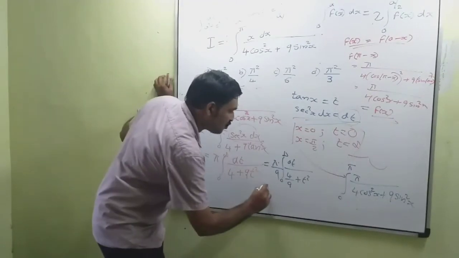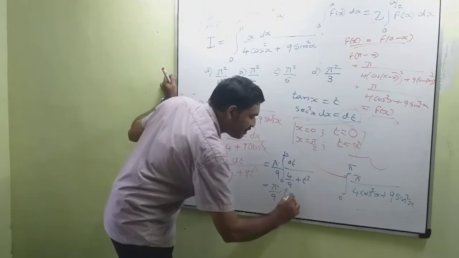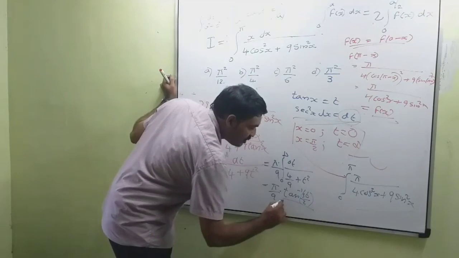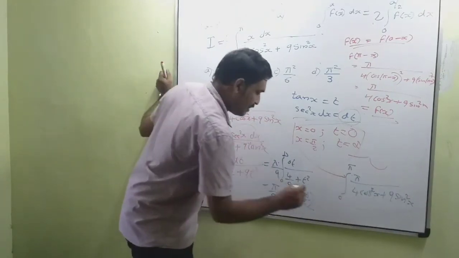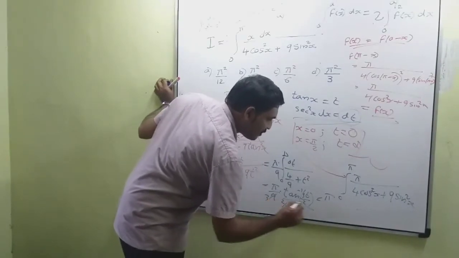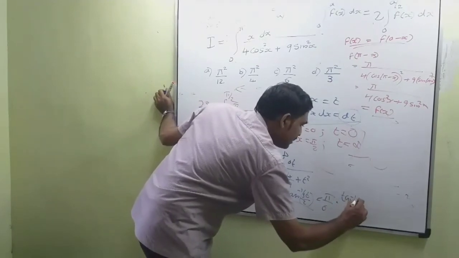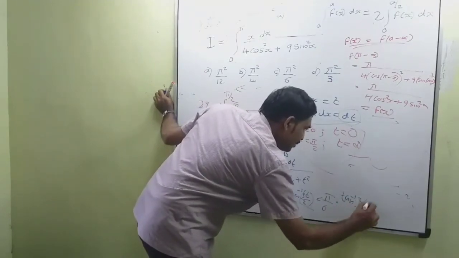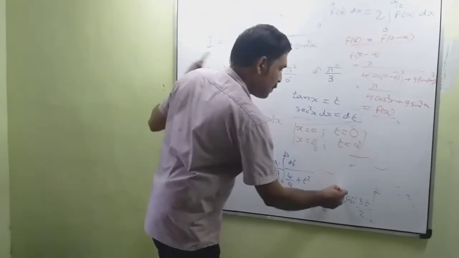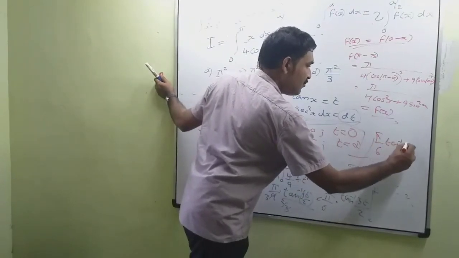So this is equal to pi by 9 into tan inverse of 3 by 2 t whole divided by 2 by 3, that is equal to pi by 9 into 3 by 2, this can cancel, pi by 6 into tan inverse 3t by 2 limit 0 to infinity, that is equal to pi by 6 tan inverse infinity.